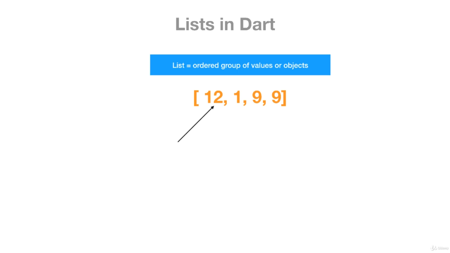Now, the way things are organized in a list is that they are organized in indexes. So the first item is contained inside index 0. If you want to get 12, we would have to point to index 0. And then of course the second one would be index 1 and so forth.